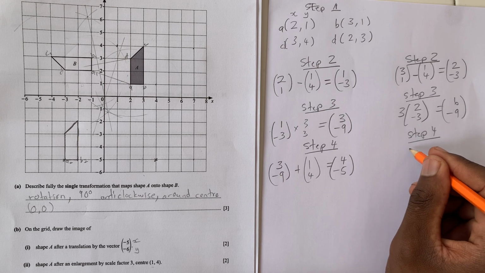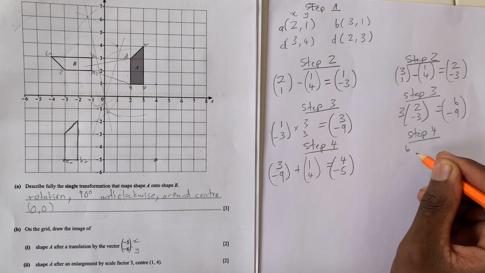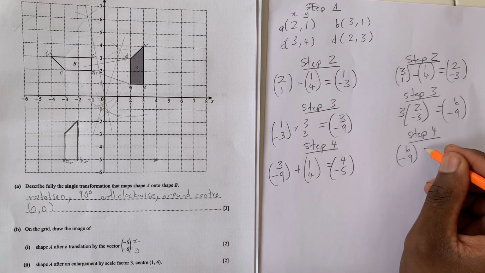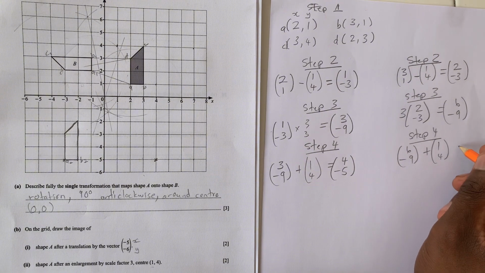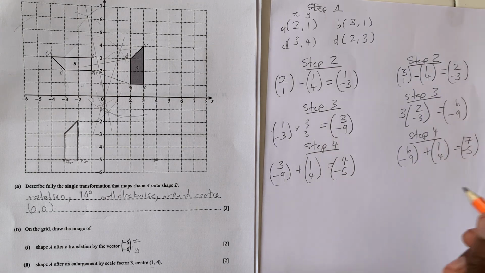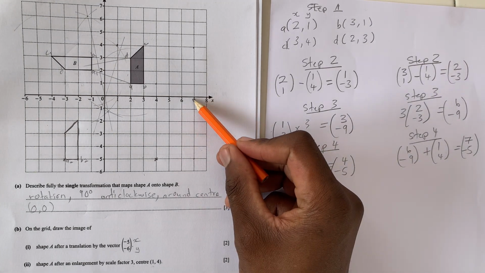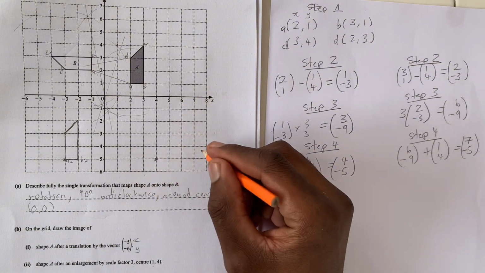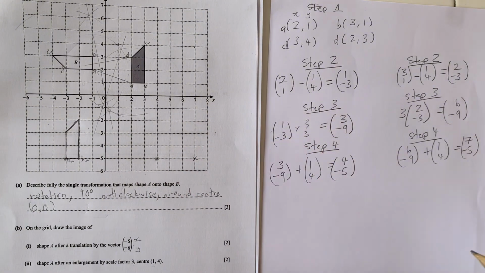So there I will have (6, minus 9) plus (1, 4). So this will give me 7, and minus 9 plus 4 will give me minus 5. So (7, minus 5), this is the point.